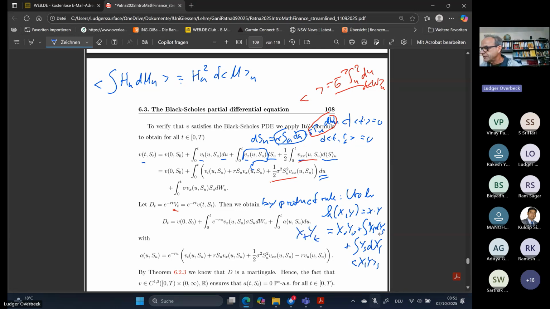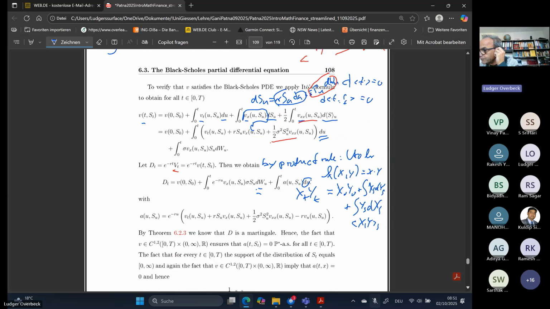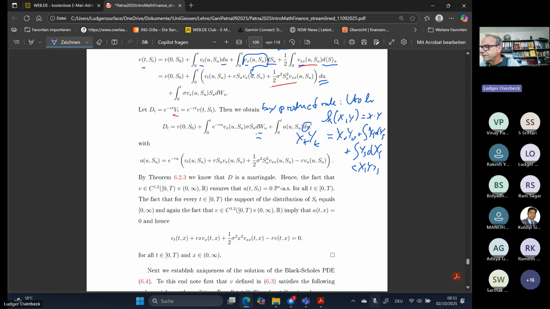And this we apply here, so you see we get new drifts. We collect everything again. So we get all integrals with respect to w, and the drift coefficient looks like this. From this product rule, the drift coefficient is a minus r u, and you have this equation.